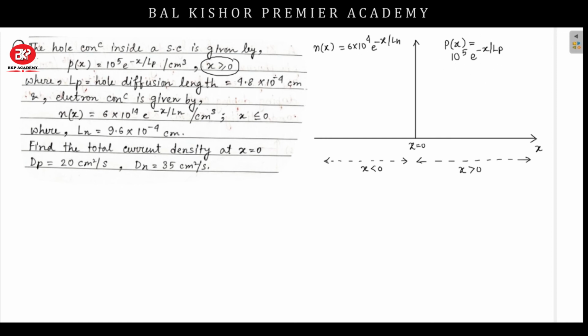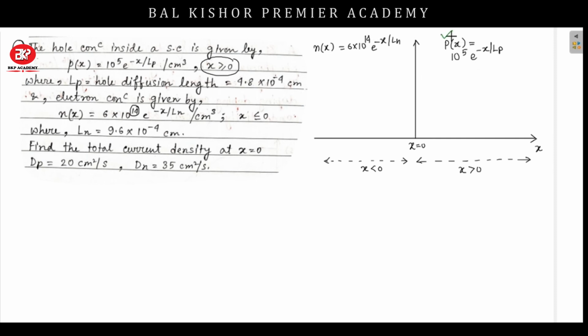If I plot the electron concentration, the plot will look like this. First, here it was 10 to the power 14, so here it will be 10 to the power 14; I mistakenly wrote 4 here.